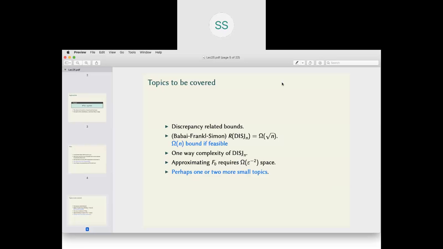I think when Karthik took the lecture on streaming, the zeroth moment requires at least 1 by epsilon squared space, right? So this result makes use of the one-way complexity of disjointness. This is the rough set of things I wanted to cover in the lectures that we have left, and maybe one or two more topics if we have time remaining.